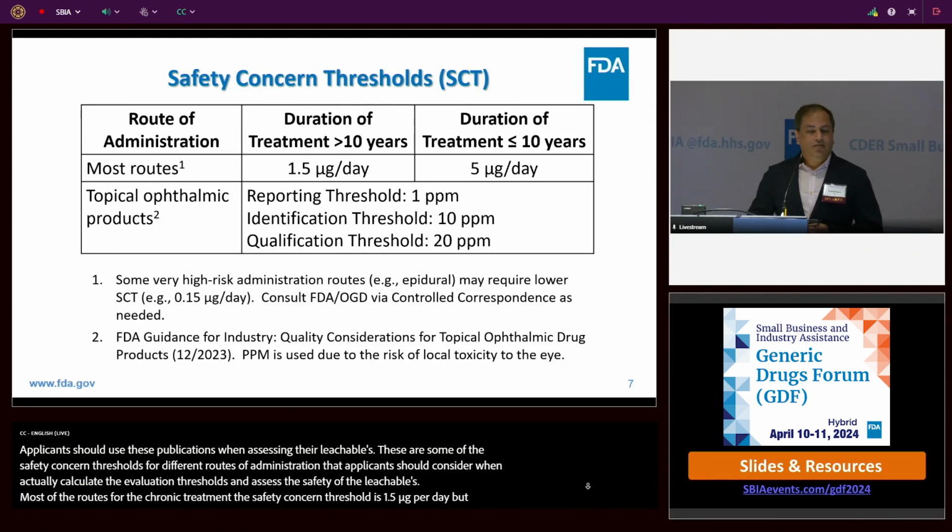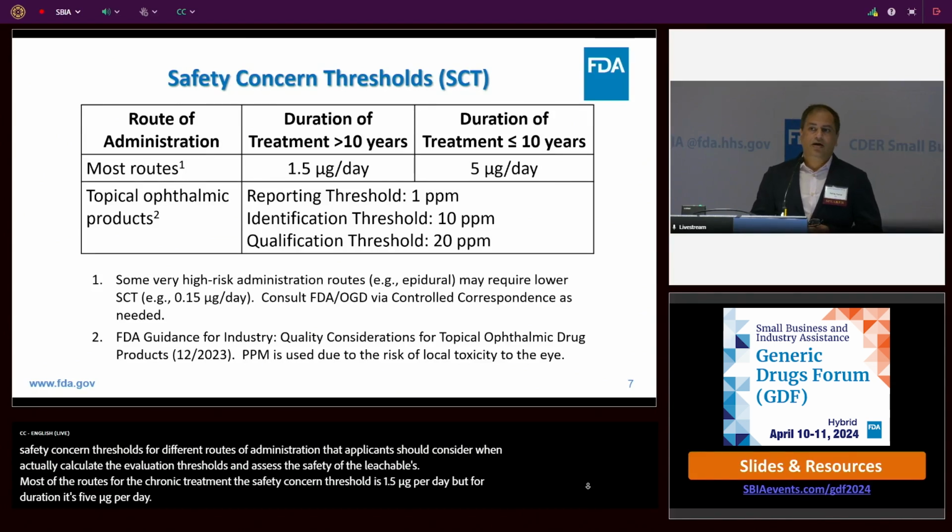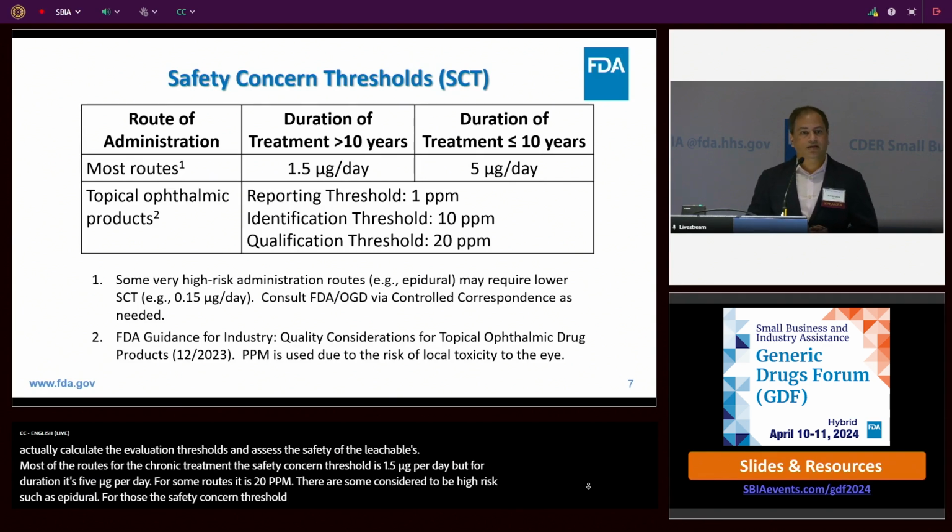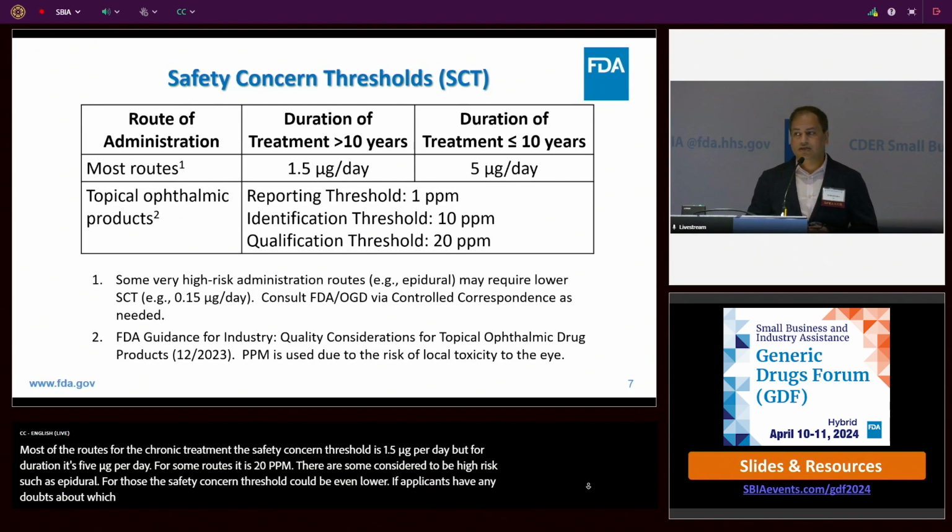For ophthalmic topical products, the typical qualification threshold is 20 ppm. There are some routes of administration that are considered very high risk, such as epidural, and for those, the safety concern threshold could be even lower. If applicants have any doubts about which safety concern threshold to use for such scenarios, they could contact the agency via control correspondence.